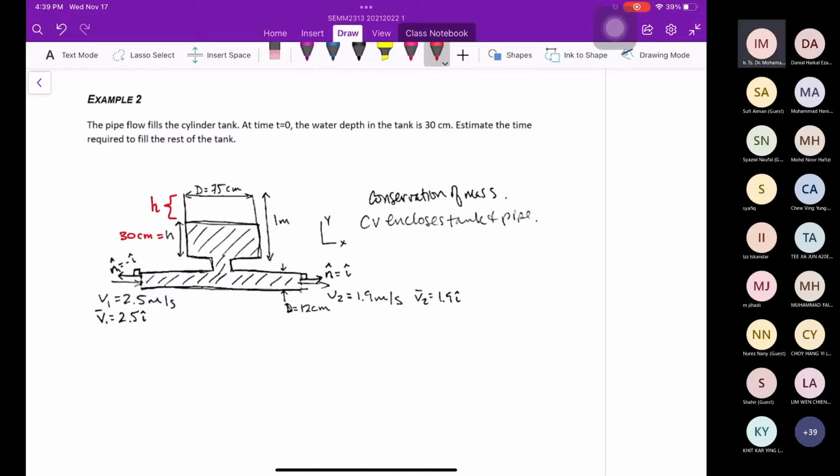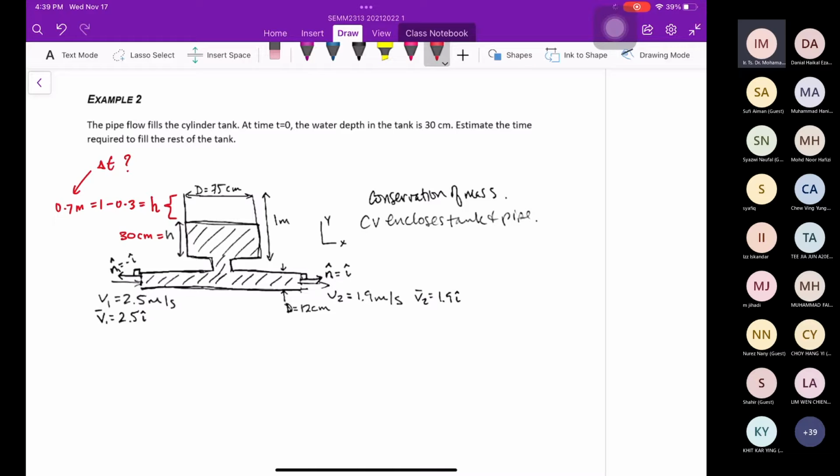From this height, I believe you know, this is total 1 meter. Of course, 1 meter minus 0.3, you will have 0.7 meter. For 0.7 meter, estimate the height. What is delta T? What is the time required to fill up the rest of the tank?